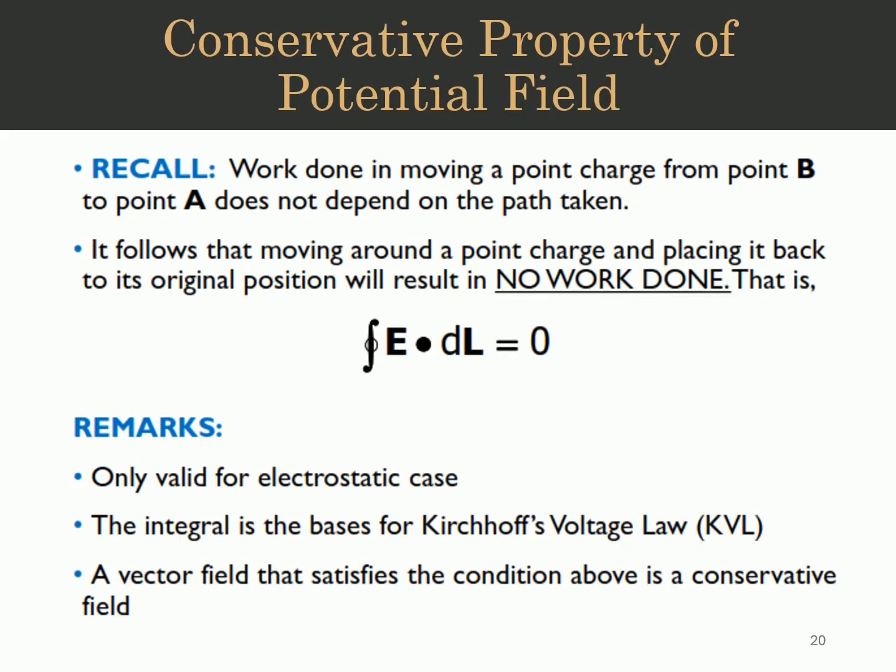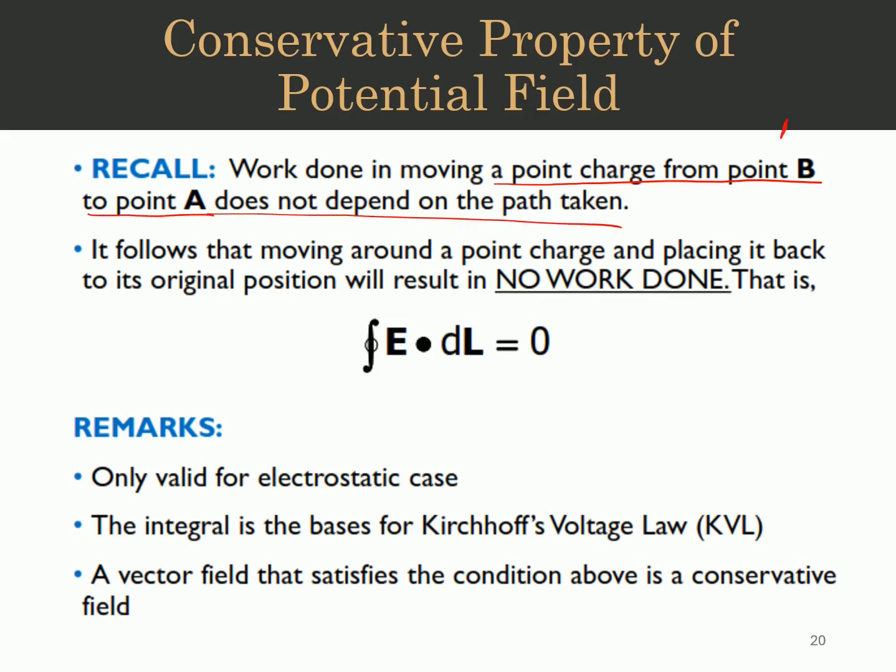Now let us come to another equation which is widely used, especially in the circuit analysis course, which is an extraction of this electromagnetic fields course, and that is in finding the conservative property of the potential field. So what does it mean? We know that work done is defined whenever we move a point charge from point B to any point A, and it is independent of path.